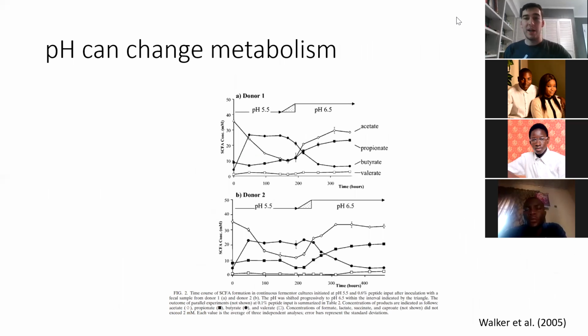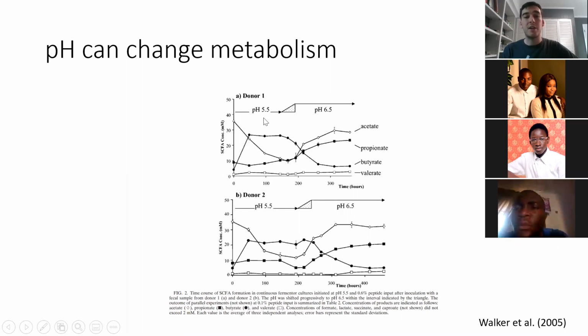Another example that can change metabolism that we talked about a little bit yesterday is pH, so how acidic the media environment is. This is an example from my field of the gut microbiome, where people looked at gut microbes from different stool donors. Basically they just took poop from these people, and they modified the pH of the environment.